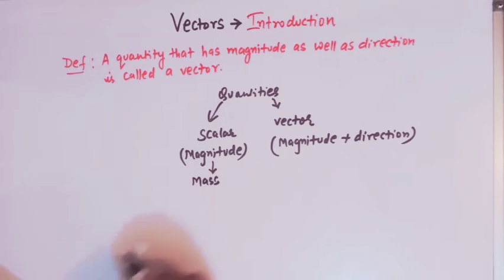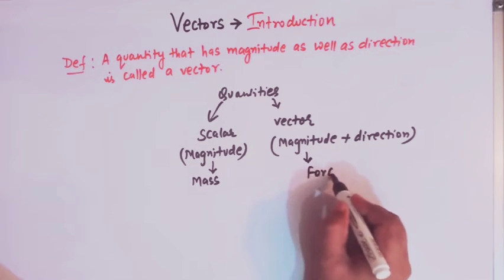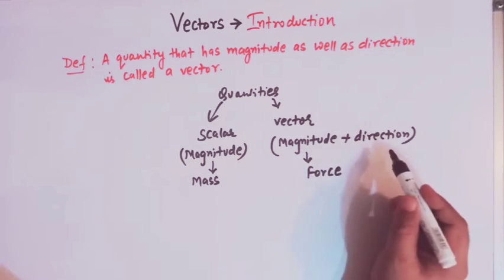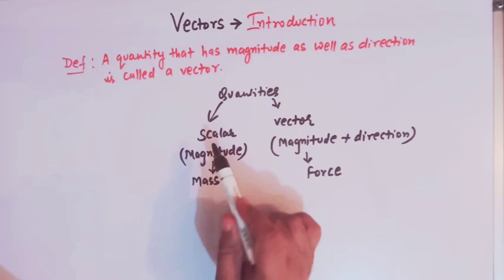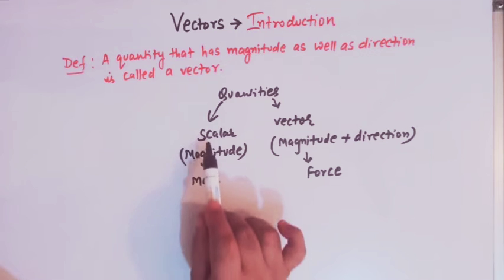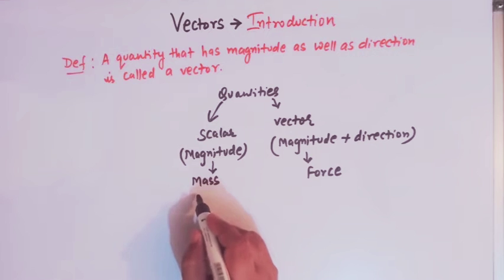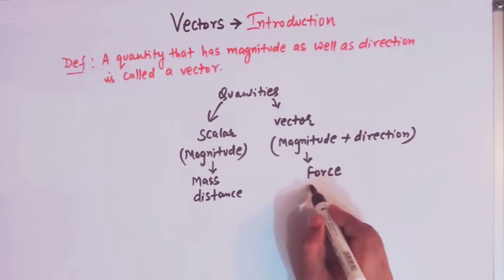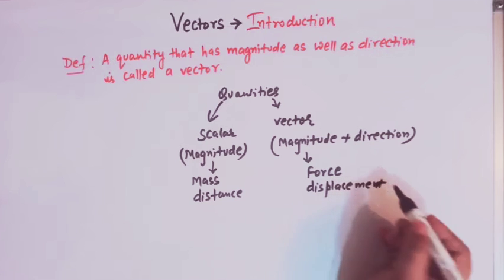Mass is a scalar quantity, but force is a vector quantity because force has both magnitude as well as direction, while mass is explained through only magnitude. Similarly, distance is also a scalar quantity, while displacement is a vector quantity, right?